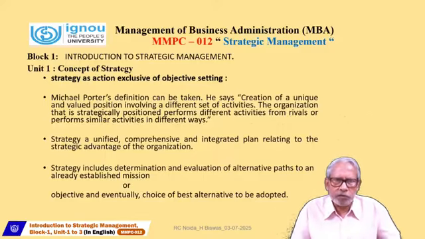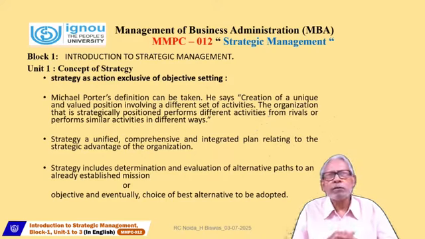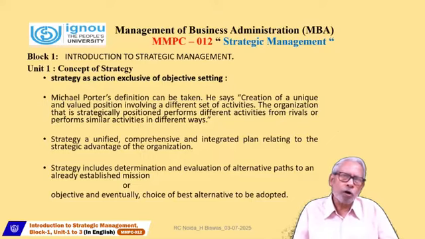So strategy is a unified, comprehensive, as I said, integrated plan. It is basically relating to the strategic advantage of the organization. When you are planning a new product or new setup, that should be unified. There you can minimize the adaptability and operation parts, you can standardize things, and compatibility should be there.